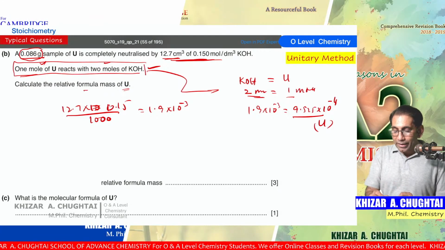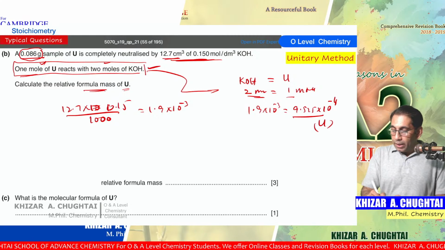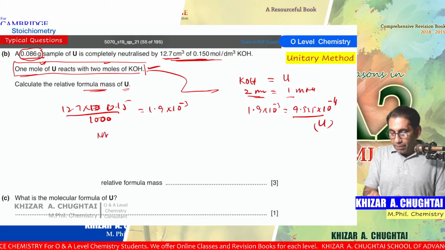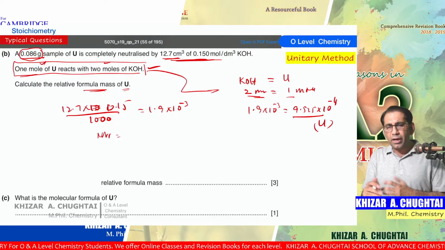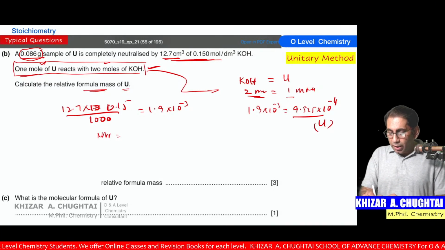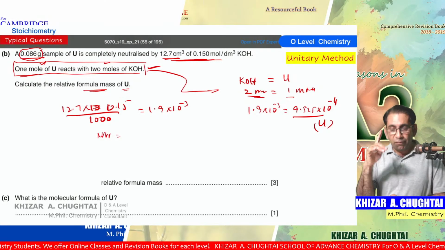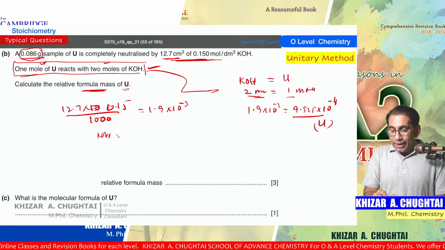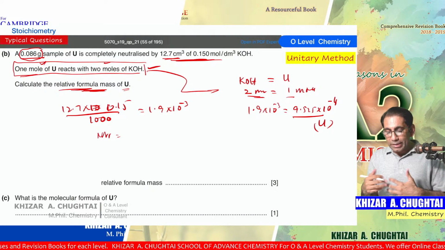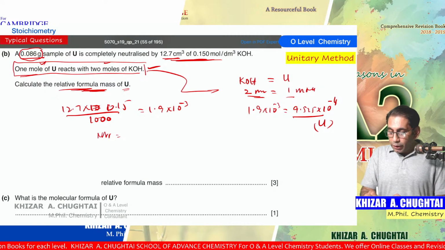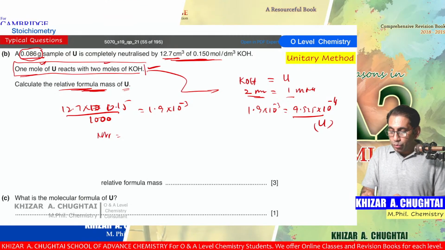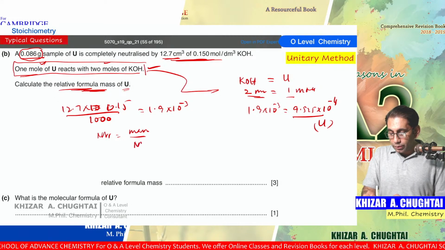You can calculate its Mr, right? Once again, I'm going to find the Mr, the relative formula mass, or the molecular formula mass. That is equal to mass over moles.